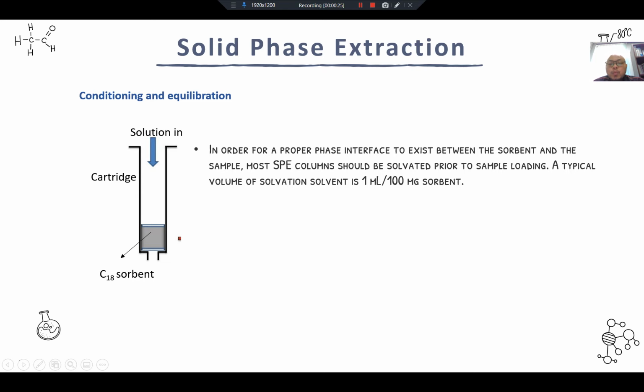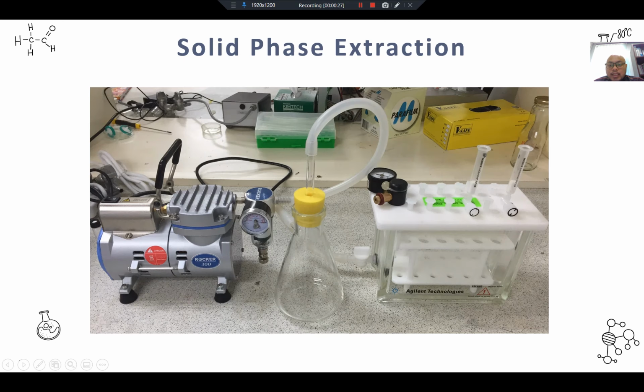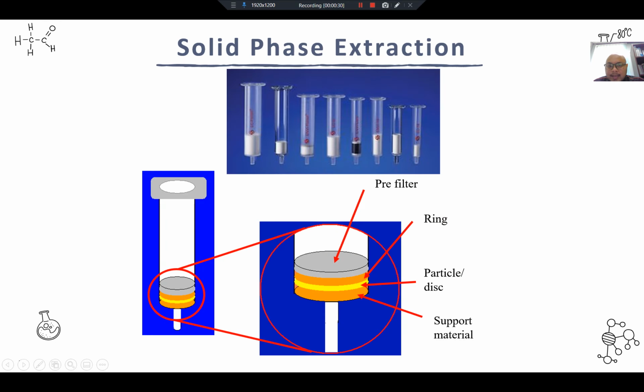Okay, so basically, macam kita tengok tadi ada pelbagai size, dan sorbent dia ada pelbagai banyak lah. So it has different weight, a different amount.